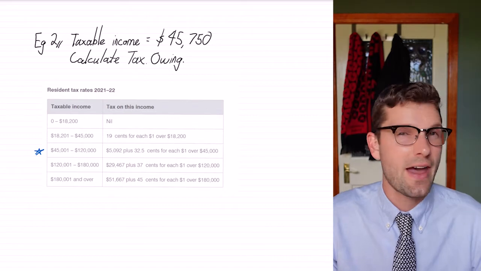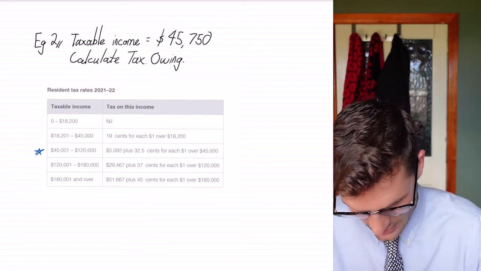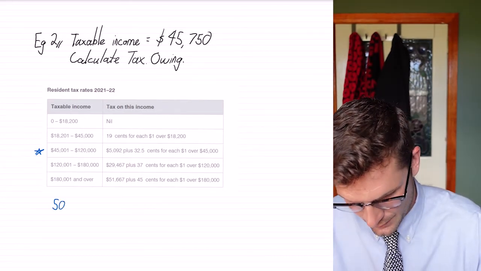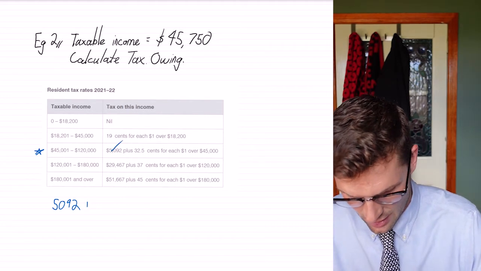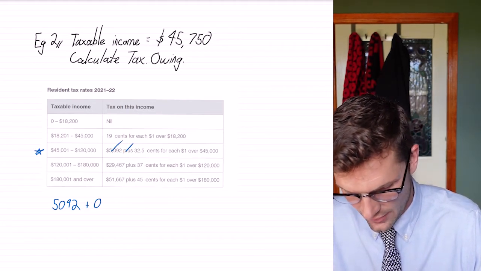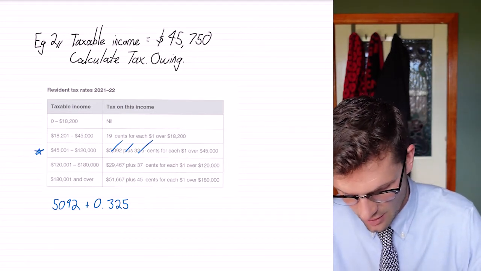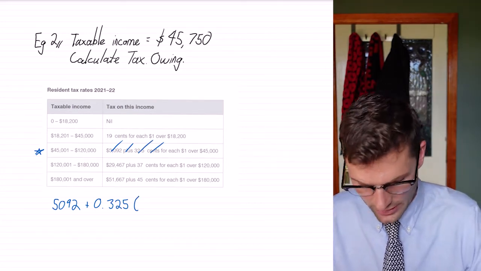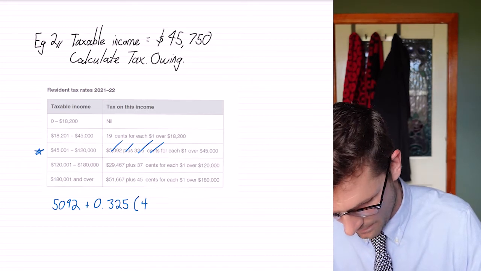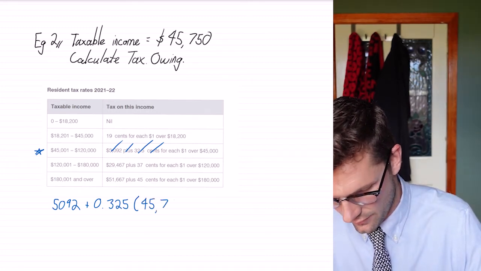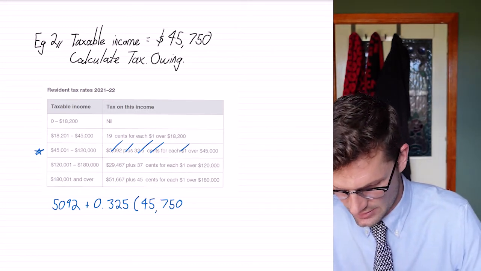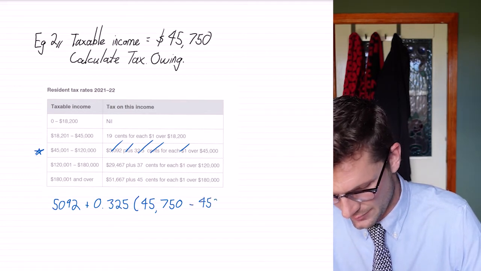Once I've done that, I just read across. I see 5092 plus 32.5 cents, which is 0.325. So that's that bit done. For every dollar means my income, so 45750 minus $45,000.